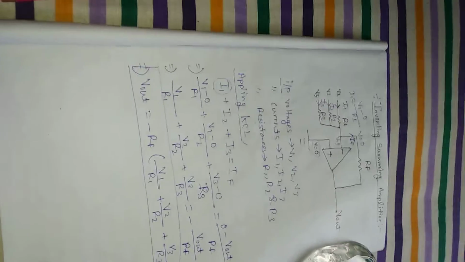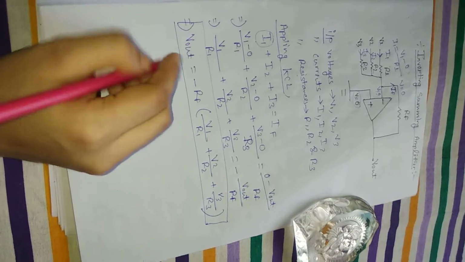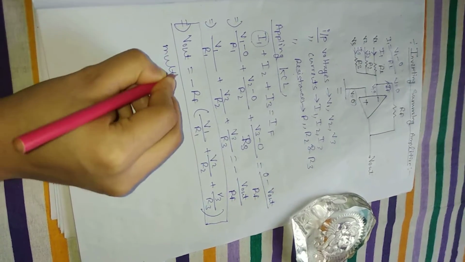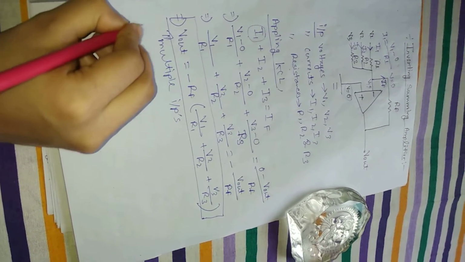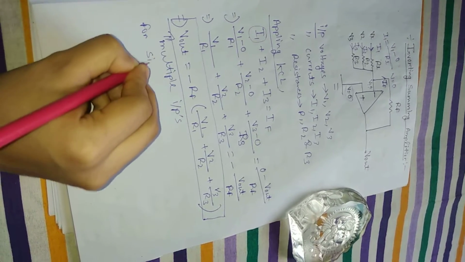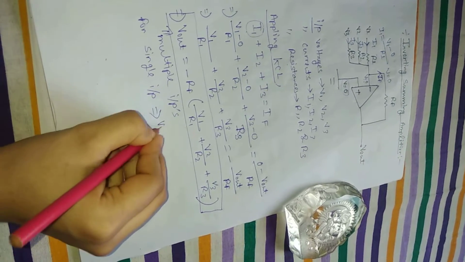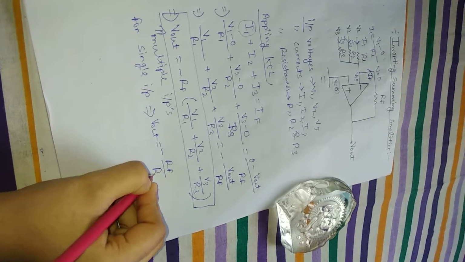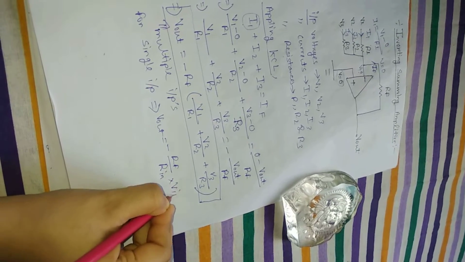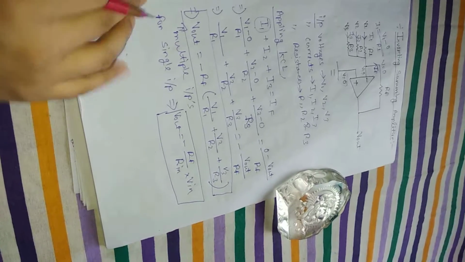This V out is for multiple inputs. For a single input, V out is equal to minus RF by R in into V in. We all know this from previous videos.